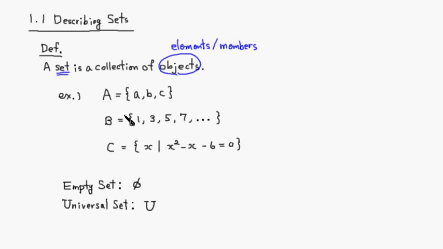When you have too many elements or infinitely many elements, we have a convenient notation called three-dot notation.